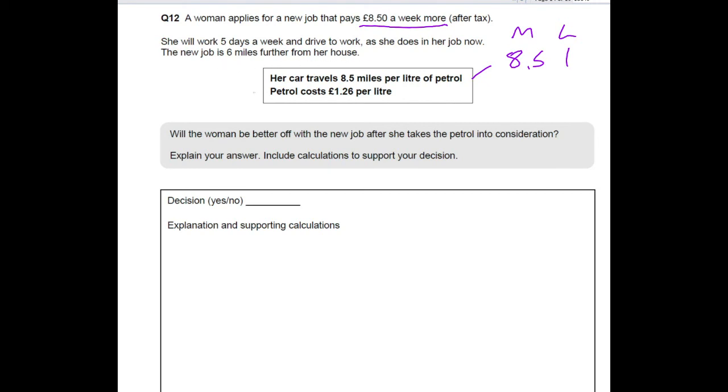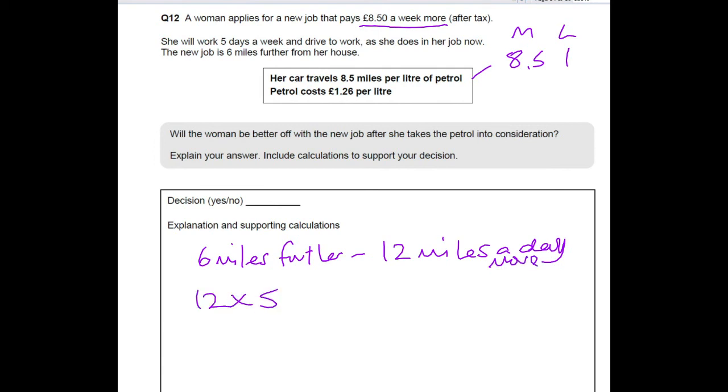So if it's 6 miles further, that is 12 miles a day more that she needs to drive. And over the 5 days, that's 60 miles extra a week.